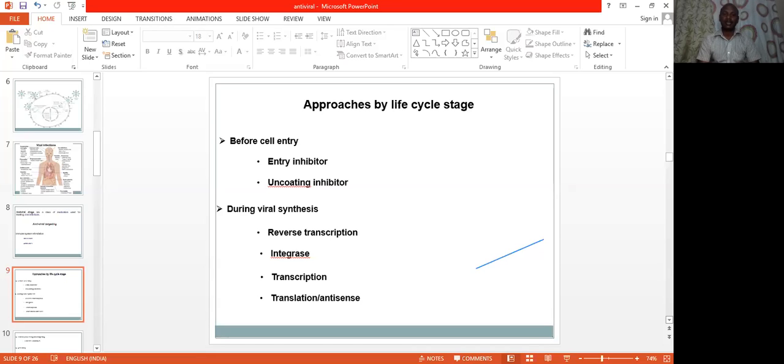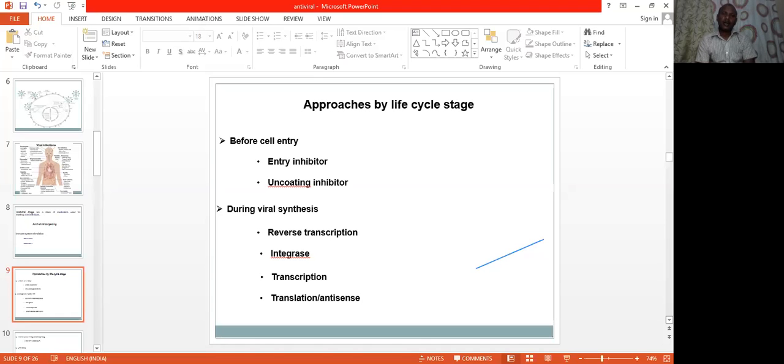The next one is transcription, where mRNA will be transcribed into the required proteins, and then translation or antisense. We are not going to discuss translation or antisense, since it is beyond your syllabus. So the first target, based on the life cycle, is before cell entry: entry inhibitors or uncoating inhibitors.